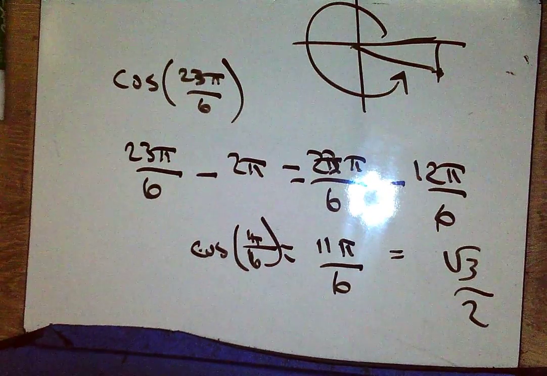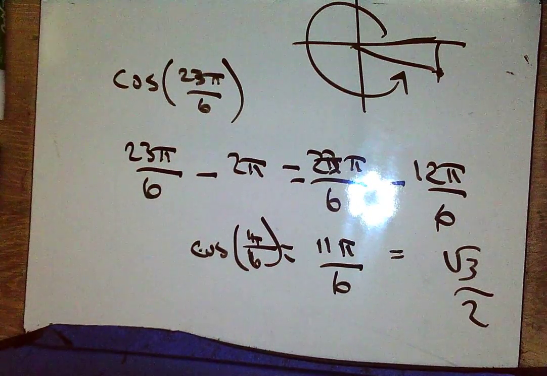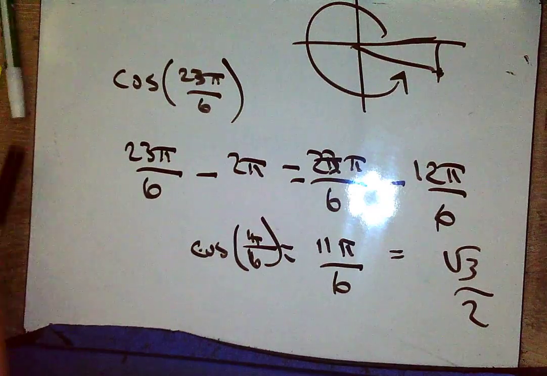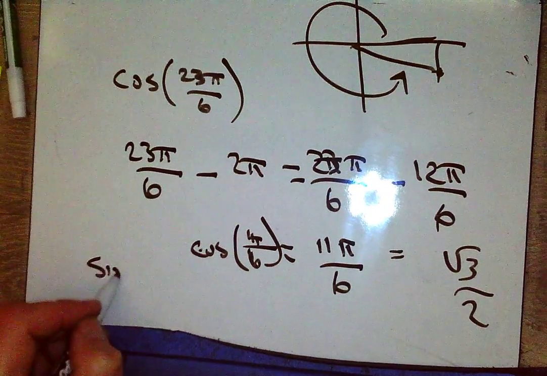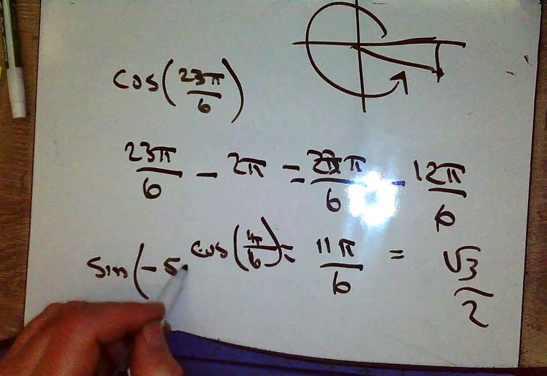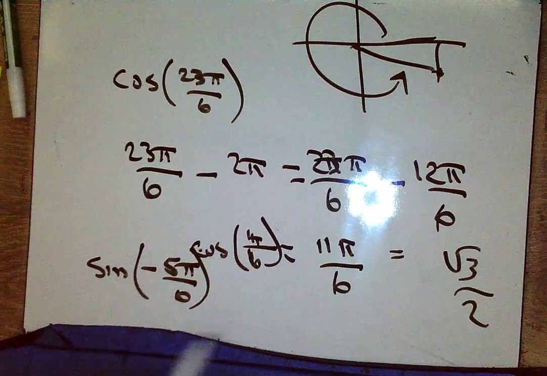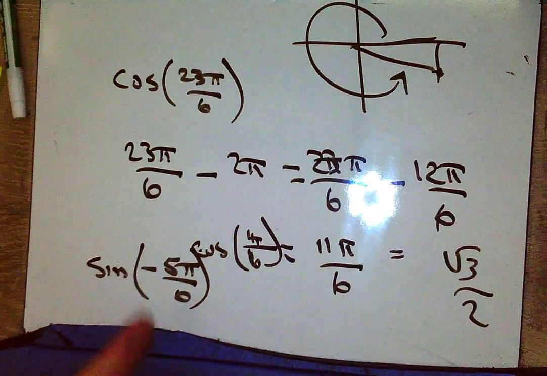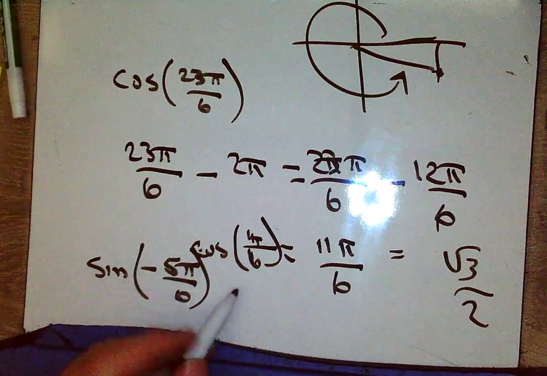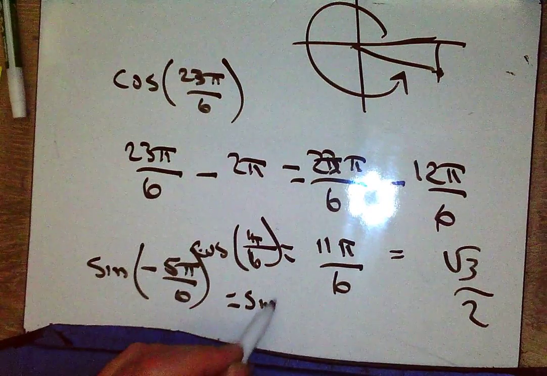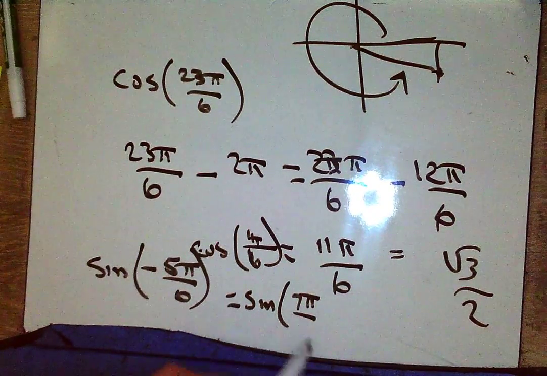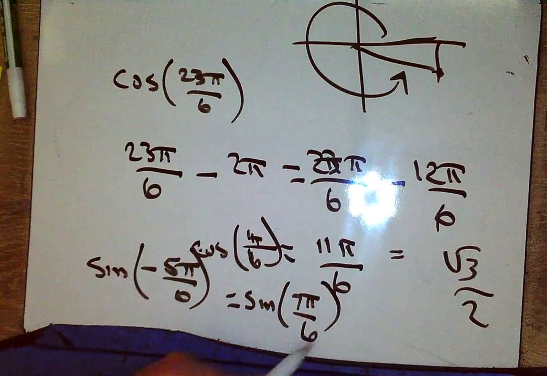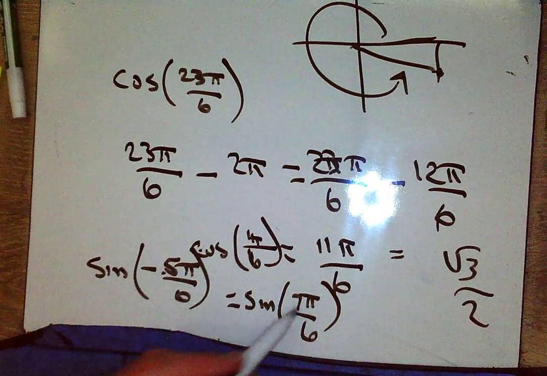Good. All right. So when I have a negative angle, sine of negative pi over 6, I want to add 2 pi to that. I don't want to use the coterminal angle. So that's going to be the sine of 11 pi over 6, because I added 2 pi to that.